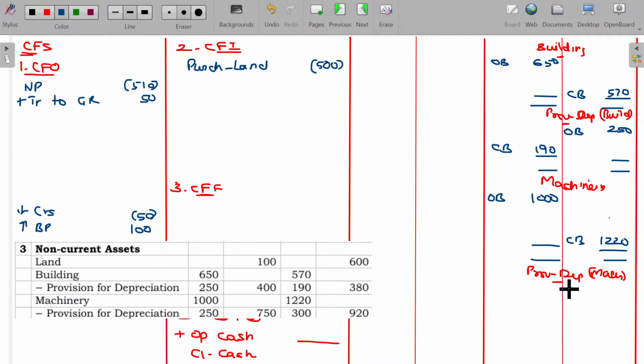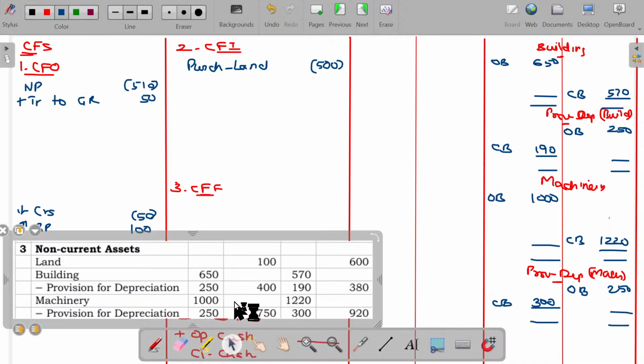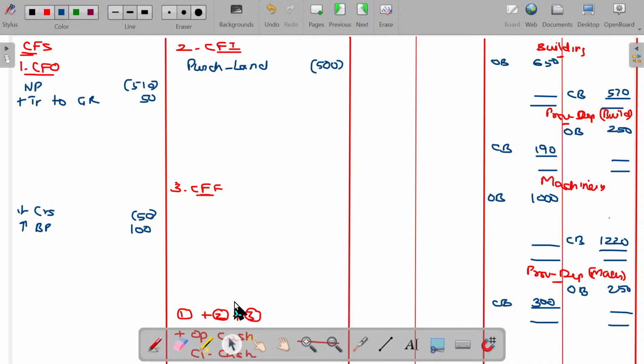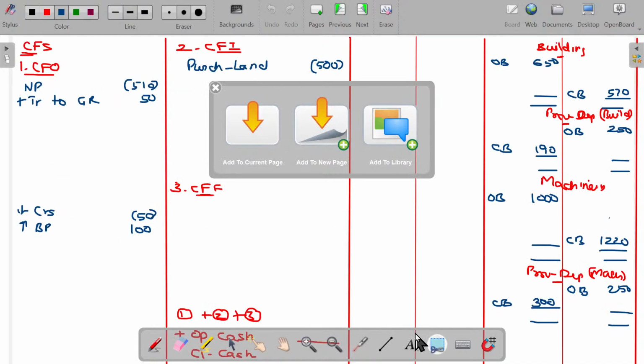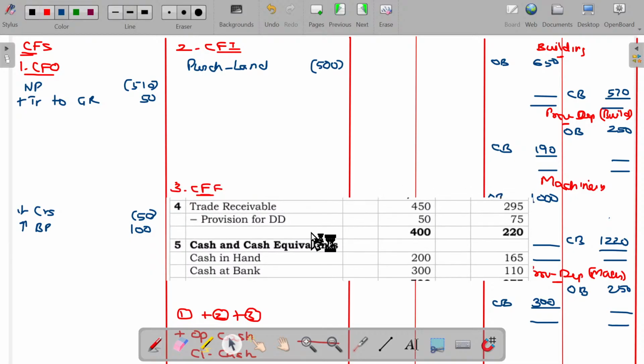Opening balance 250. Closing balance 300. So we have completed the schedule number 3. Now 4 and 5. Schedule 4 and 5.